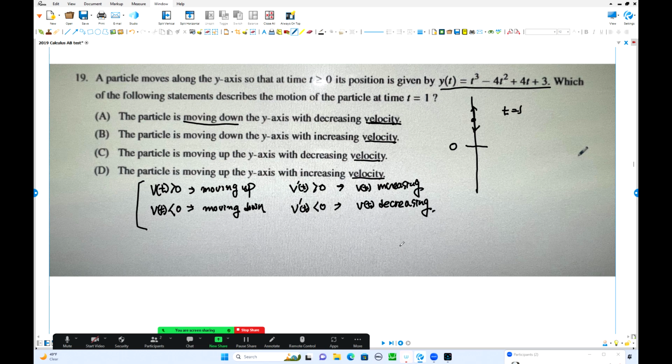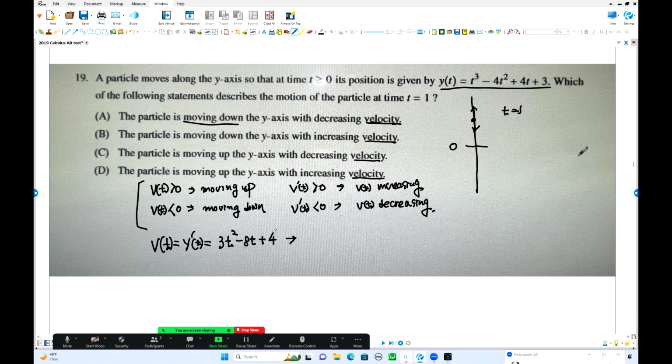Now check out velocity first. Velocity equals dy/dt, y prime of t, okay? t cubed gives 3t squared. And the second term here is 2 times negative 4, which is negative 8 times t, and the last derivative is 4.